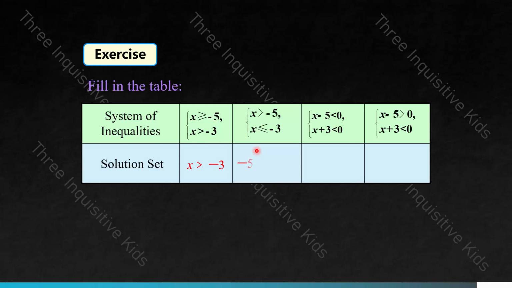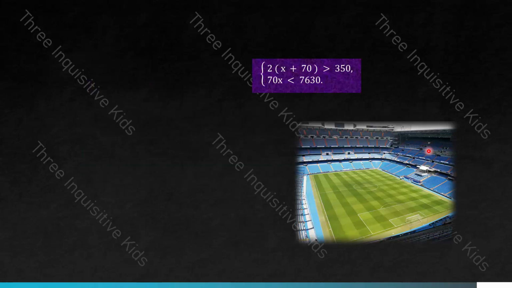X is greater than negative 3, x is greater than negative 5 and less than or equal to negative 3, x is less than negative 3, and for this one there is no solution. If you graph this on a number line, you will see that these two inequalities don't have a common part, and that is completely okay, because not all sets of inequalities have to have a solution.